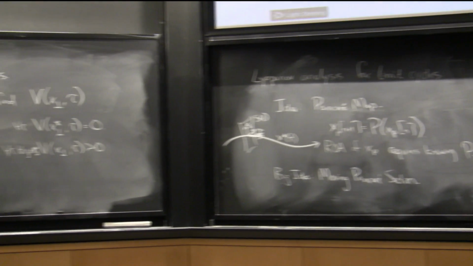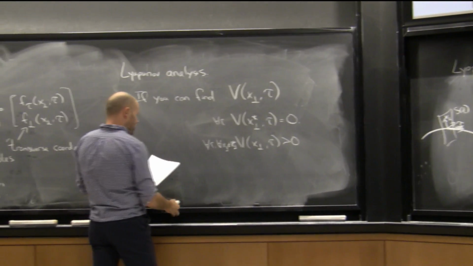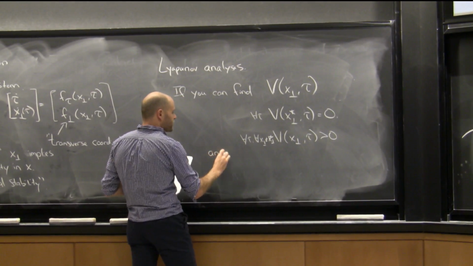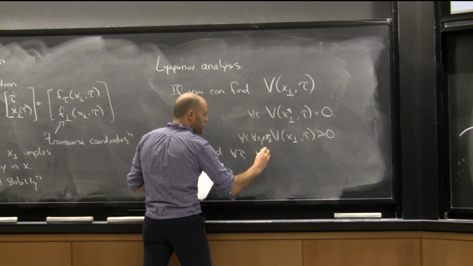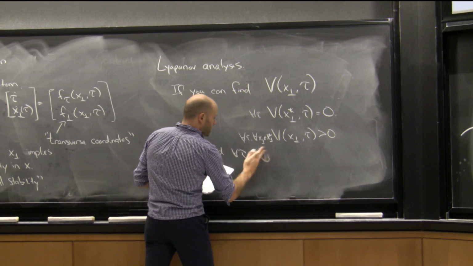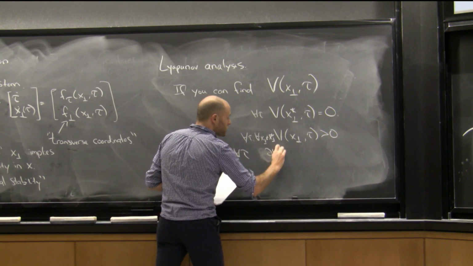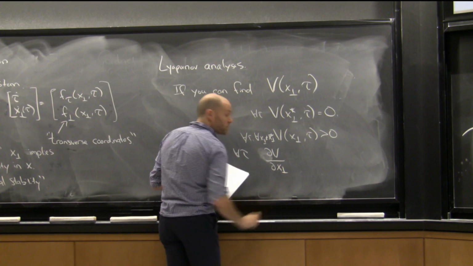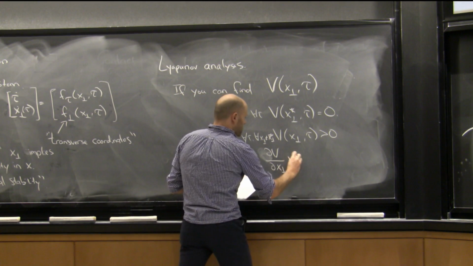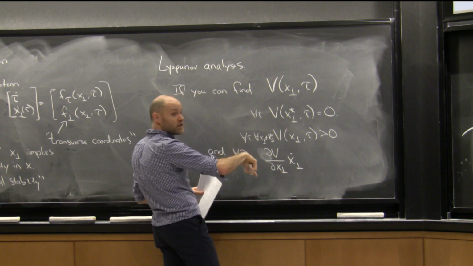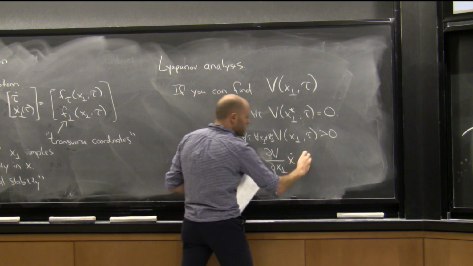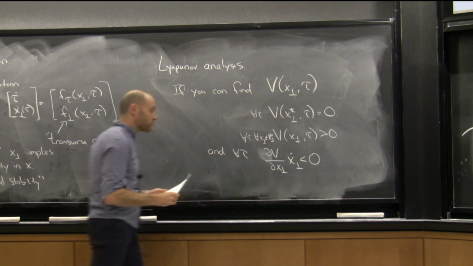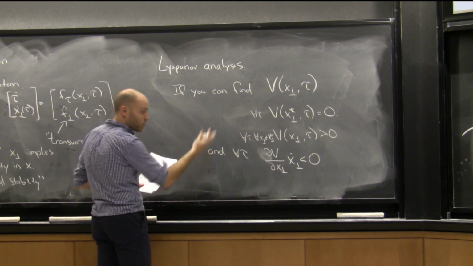And V dot perp, for all tau, what I only care about is partial V, partial x perp, dot, so just the partial derivative in the direction of x perp, and I don't have to worry about how long the trajectory is, is less than 0, and equals 0 at the origin.